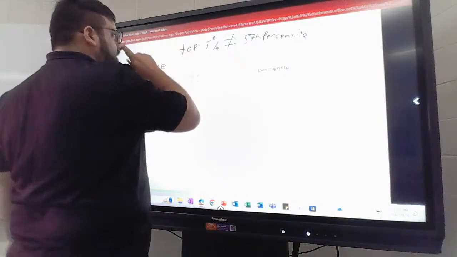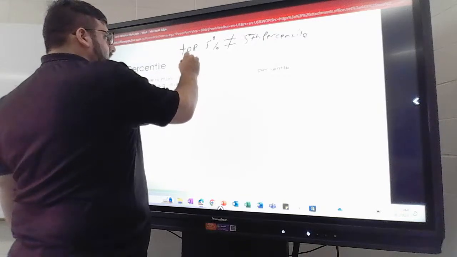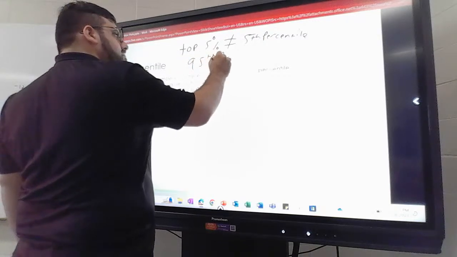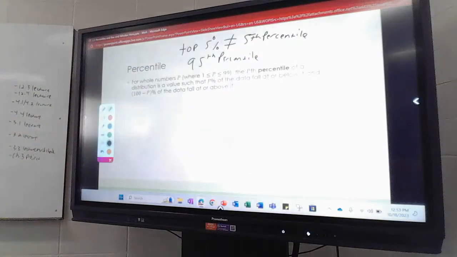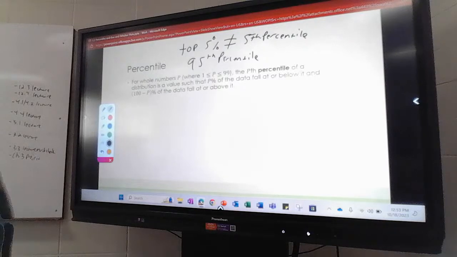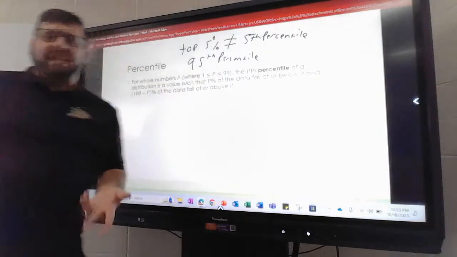As a matter of fact, if we look at, for example, the 95th percentile, let's say that your 81 is the 95th percentile of the scores on that examination.